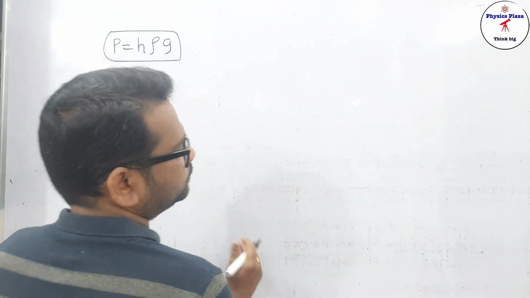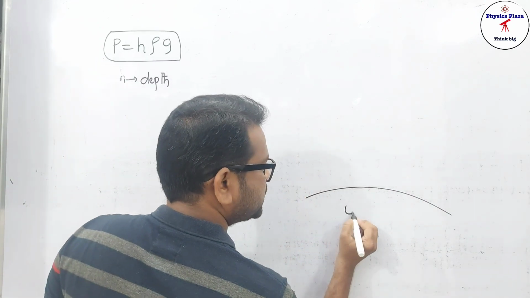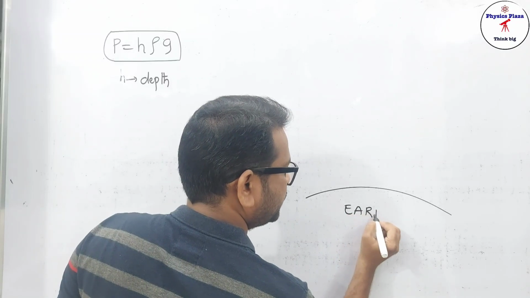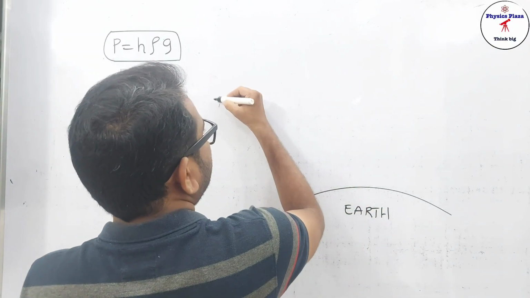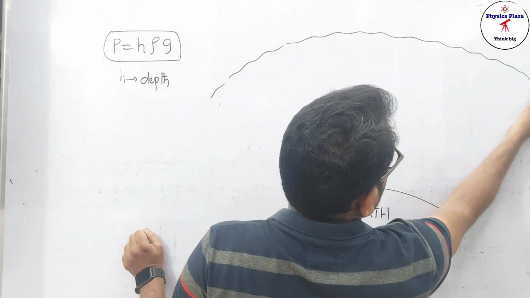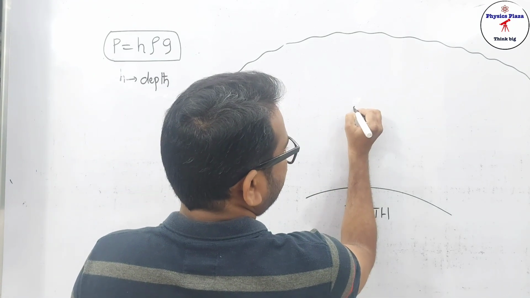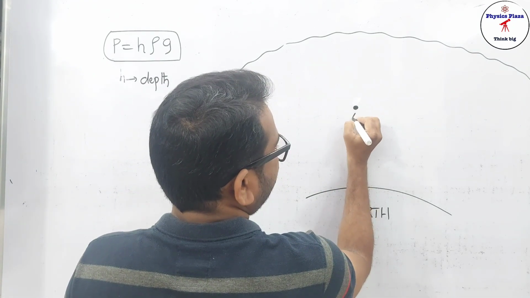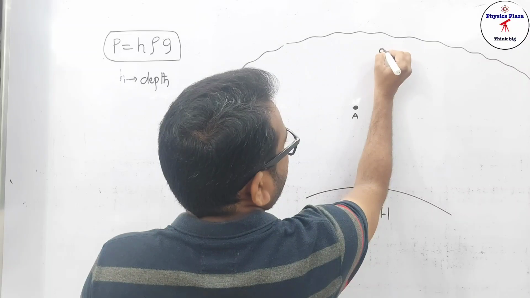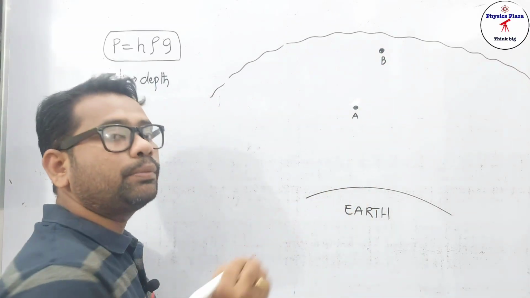Suppose, children, let us take this earth surface. We know that till now we learned there is a complete envelope of air up to 300 kilometers. Now children, let us take one point A here and one point B here. My question is, where will the pressure be more?